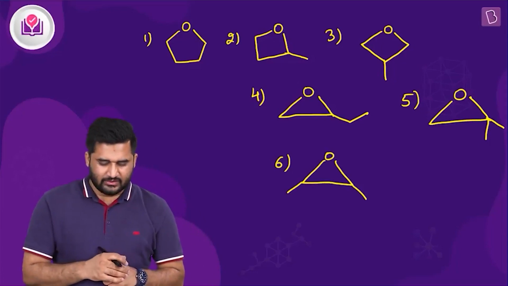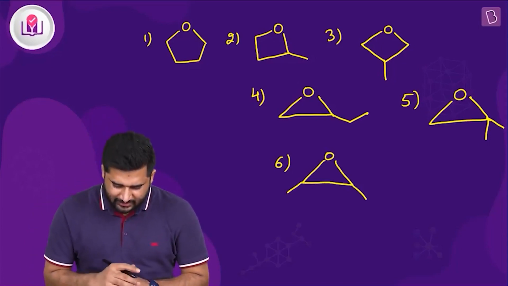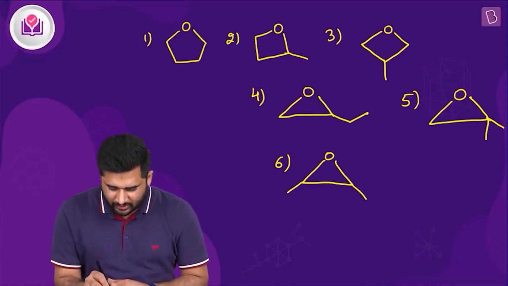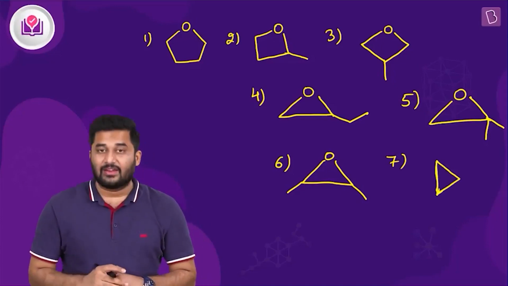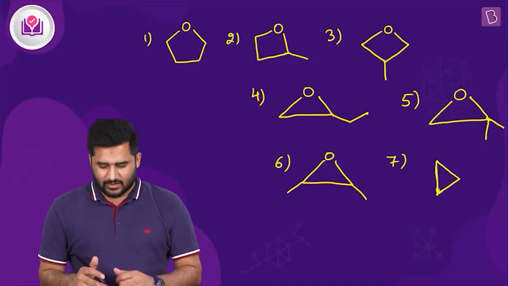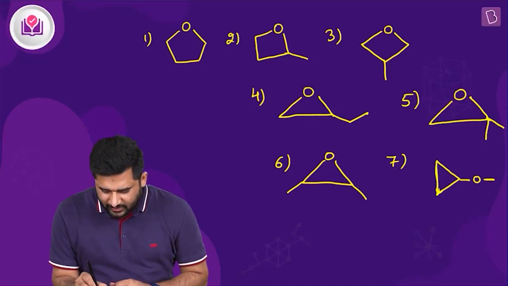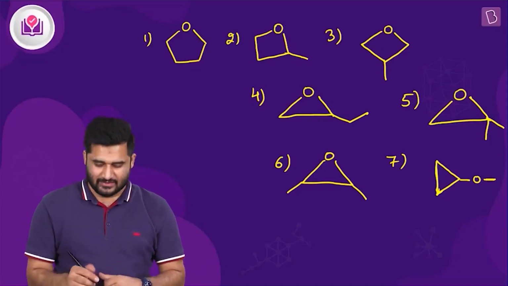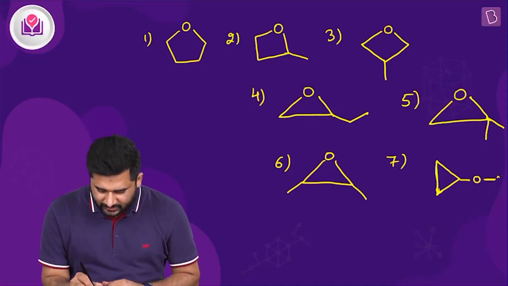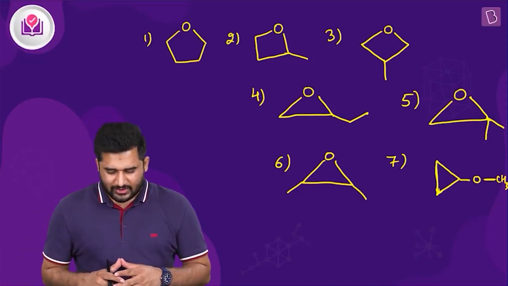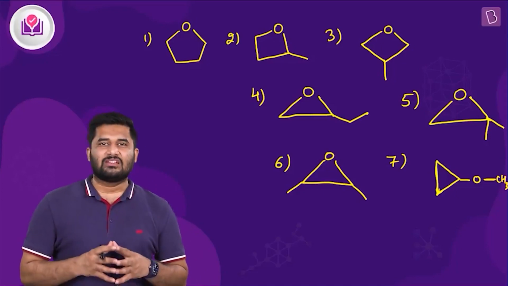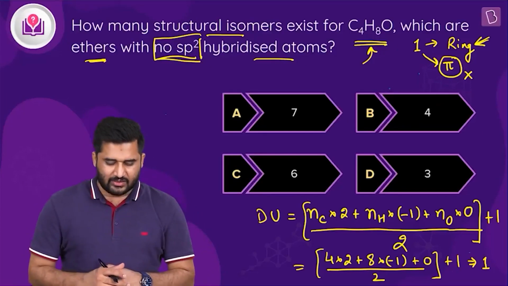All right, so these are the possibilities, and let me check what else could be possible. Okay, so the 7th possibility will be, you can see this is a 3-membered ring, that is a cyclopropyl ring, and this time it will be like this. You can also consider this as a CH3 group. In fact this is a CH3 group only. So now you can see a total of 7 possible ether structures are there for this molecule.